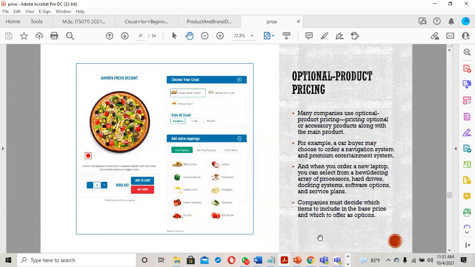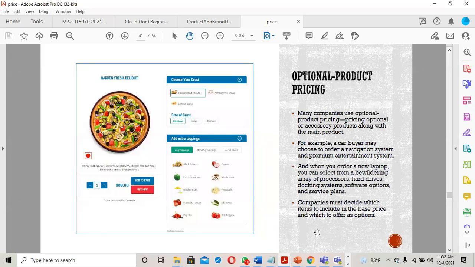They have a whole host of processors, and you can select the RAM, you can select the type of operating system you want. You can decide whether to include a GPU or not. So they have a whole host of options, okay?